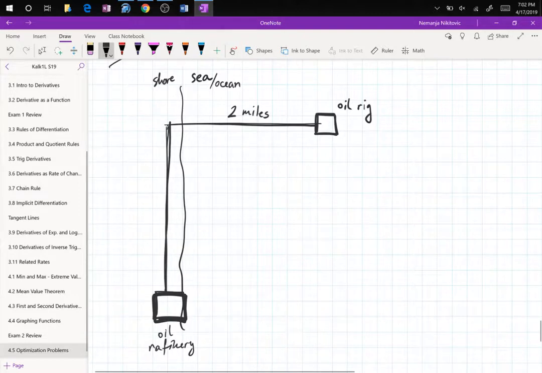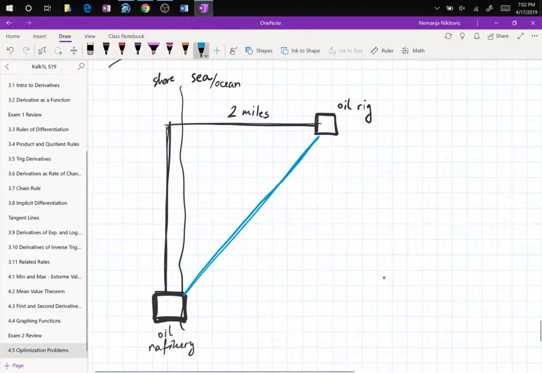And since it's only 2 miles off the shore, I mean, to have a tanker ship going between the 2 locations, right? So just put some pipes, right? It goes directly.